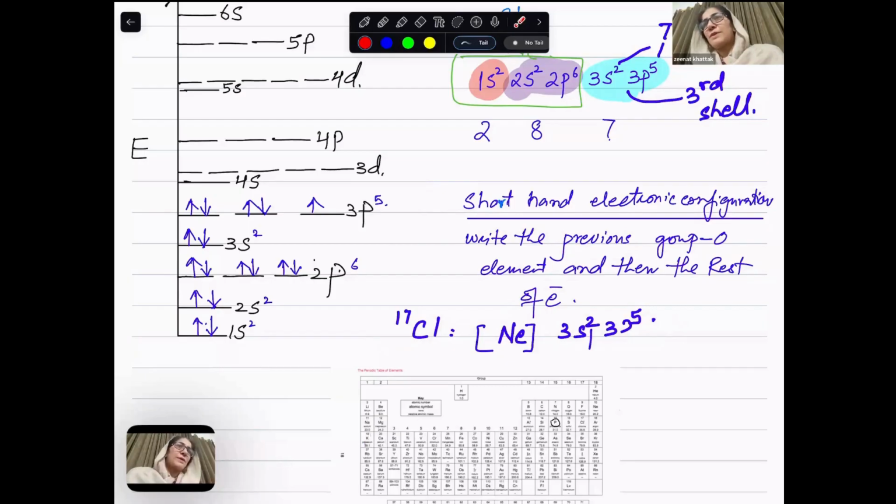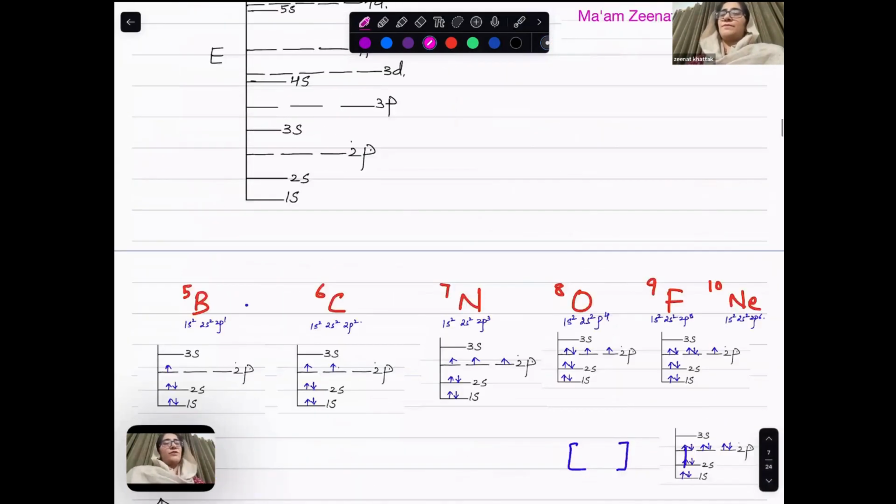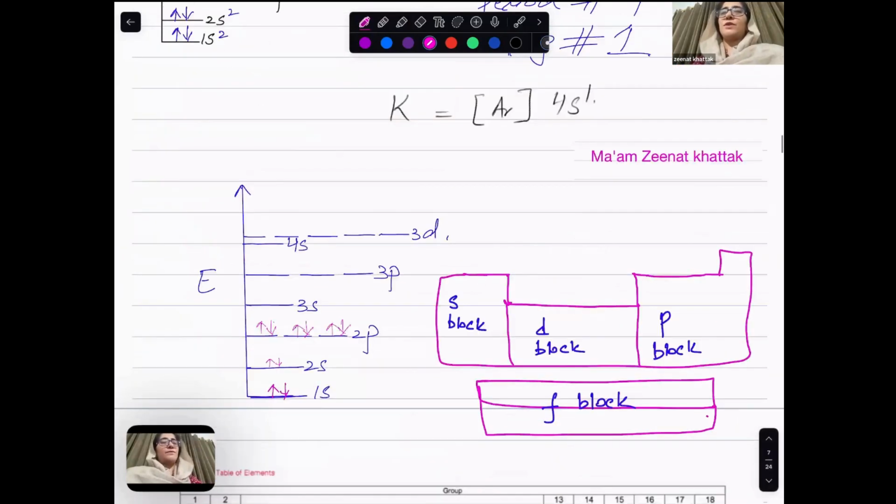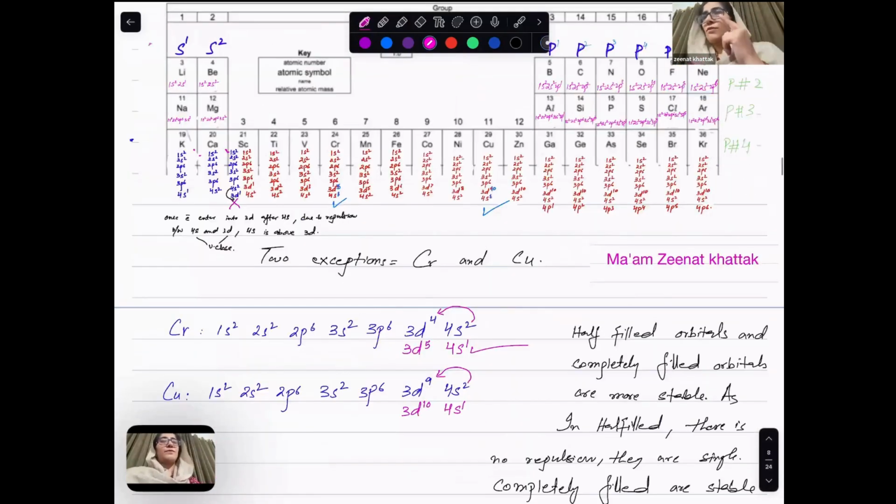I don't know what happened to my this. It is not this way. It is neon 3s2, 3p5. Like, you know what you are supposed to do? The previous group 0. Look at this.